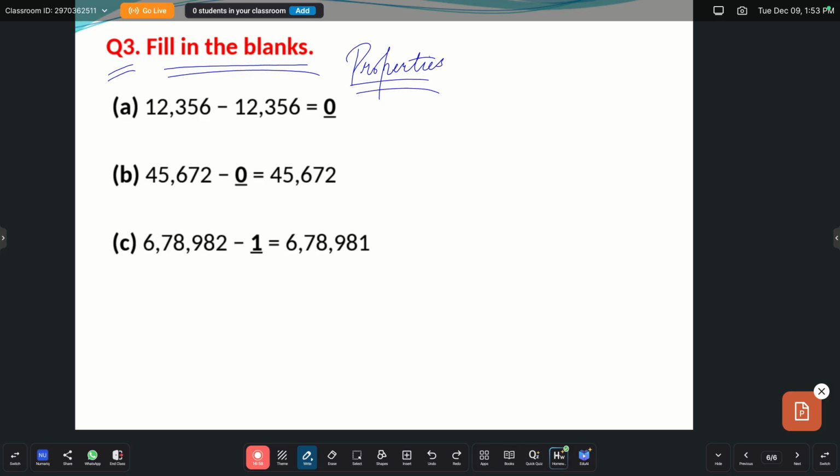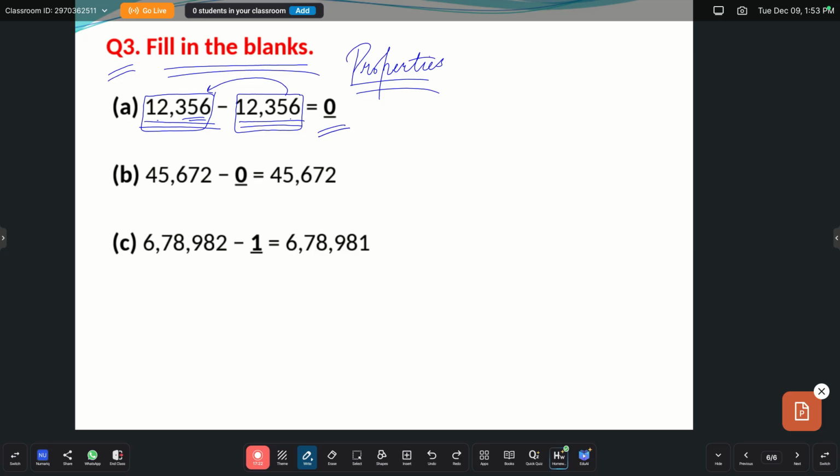Okay, beta, tell me one thing. What is this minuend? This is 12,356. And I have to subtract this 12,356 from it. It means that you were having these many balloons with you. And subtraction means taking away. Somebody came and took away all these balloons from you.